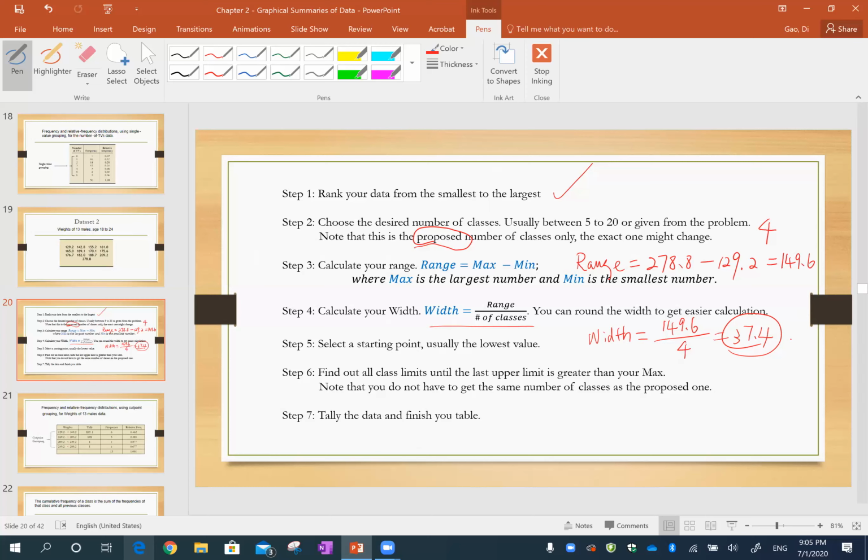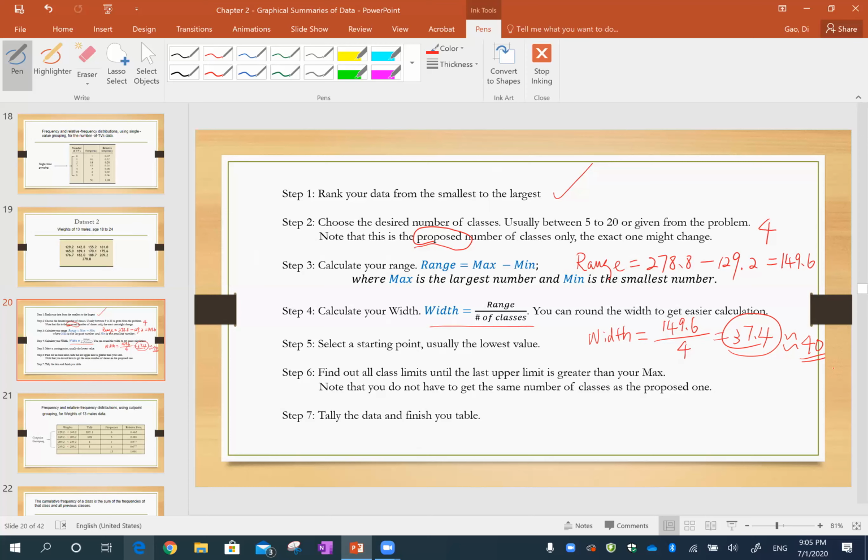Usually, because for this grouping method we finally just want a visual way to see what the data looks like and how it is distributed, a slightly different width won't affect organizing or describing the data. So we're just going to round up to 40, which makes the calculation easier.